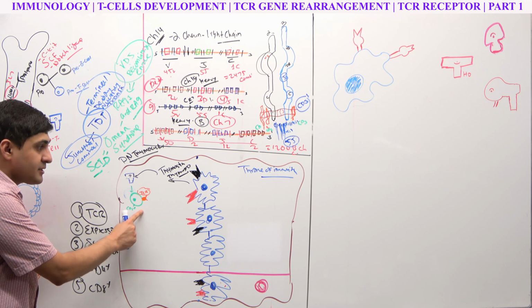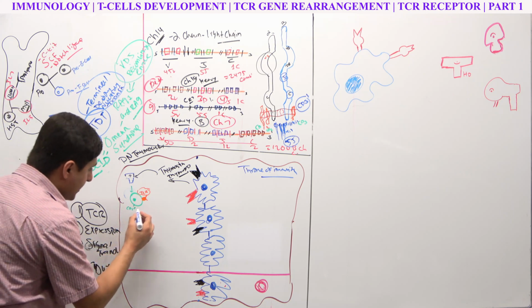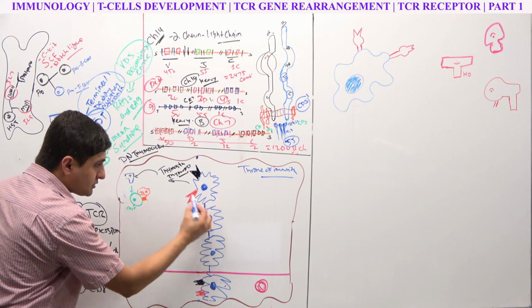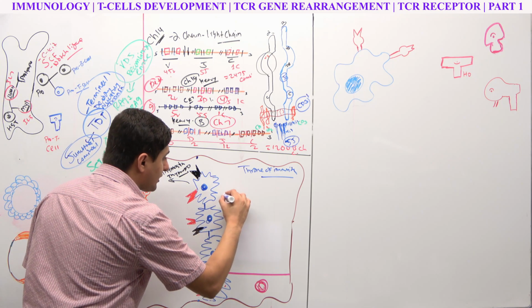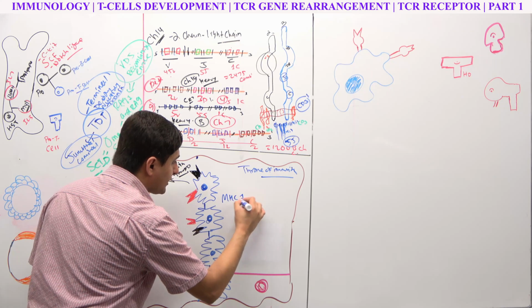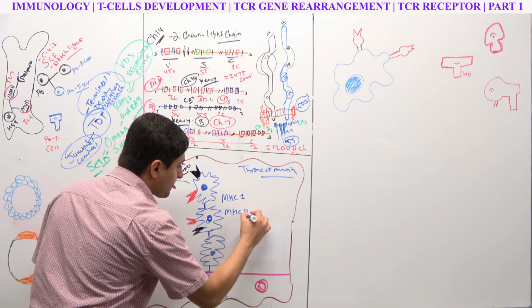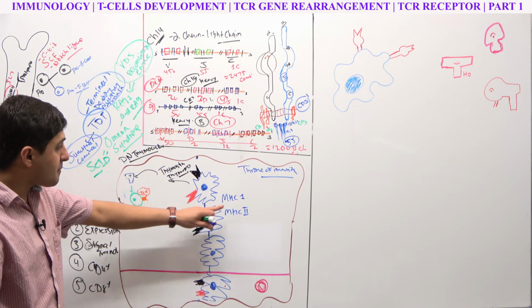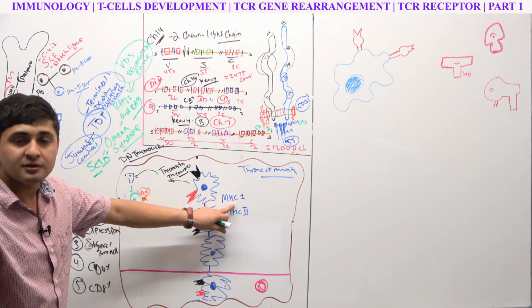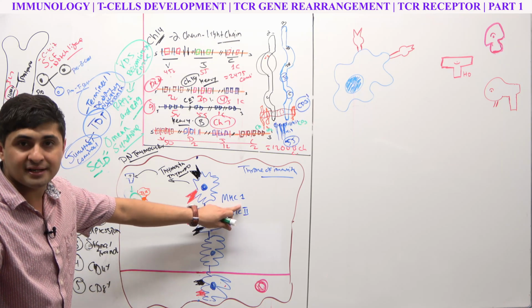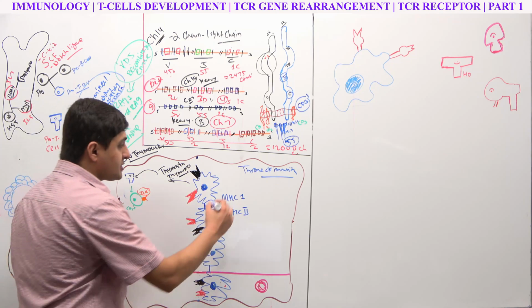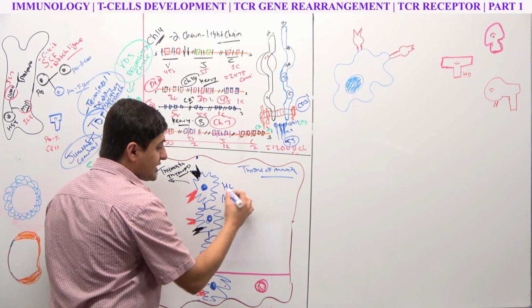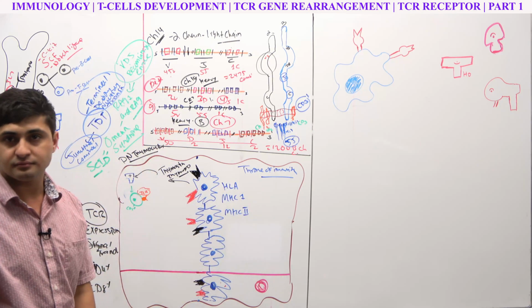And this thymic epithelium shows something called MHC1 and MHC2. What is this? It's called major histocompatibility complex, or you can also call them human leukocyte antigens.